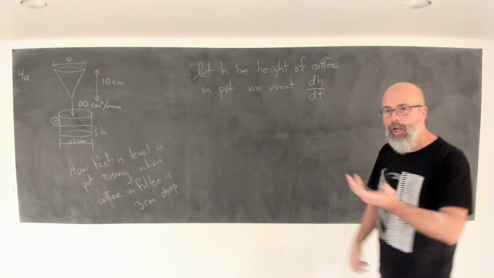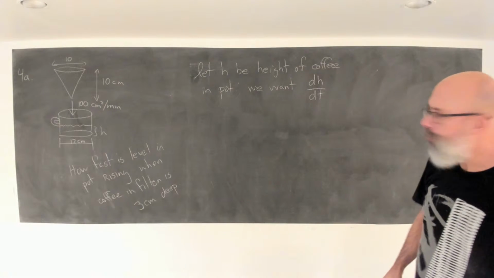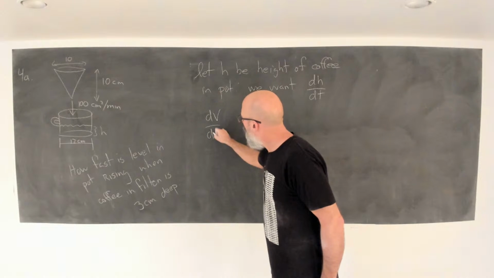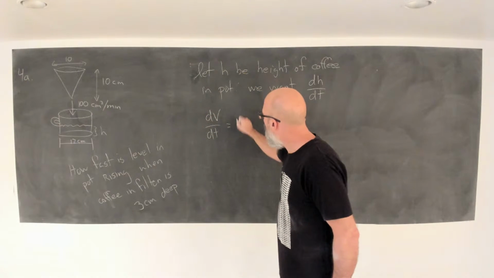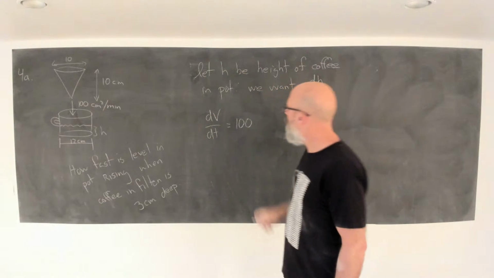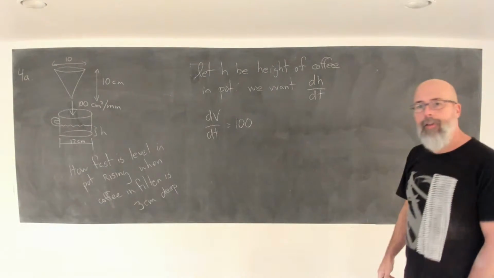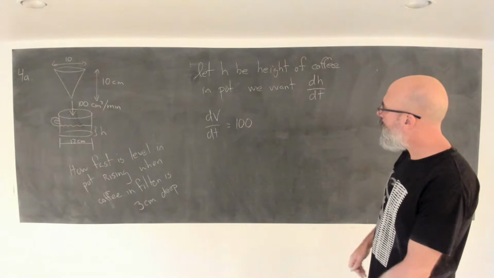This is the rate of change of the volume. dV/dt is given to be 100. Exactly that, dV/dt is given to be 100.